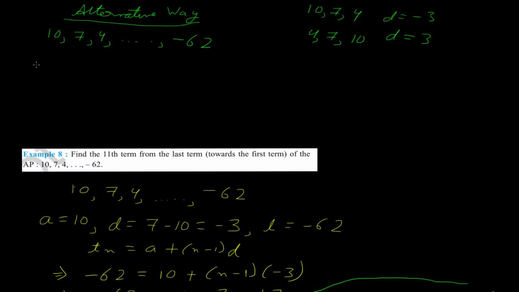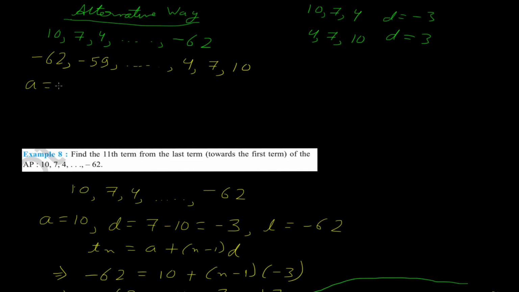So what we do here is just flip it. If we flip it, what do we get? Minus 62, and here it was supposed to be minus 59, and so on, and then you get 4, 7, 10. Okay, so it's the same AP but just reversed.